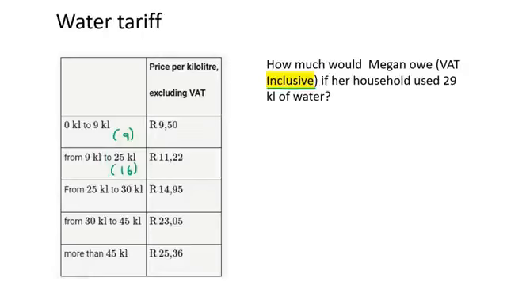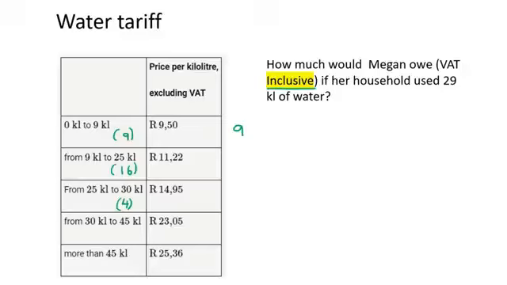So in this category we're only going to use 4, because 25 plus 4 gives you 29. So you're not going to use all of the 25 to 30, you're just going to use 4.